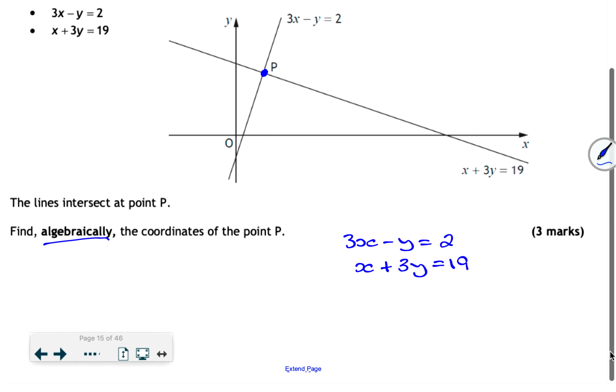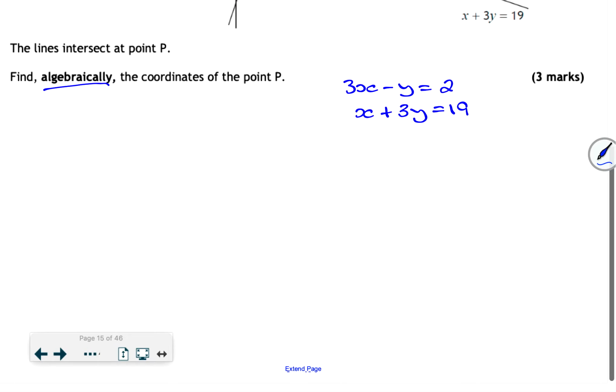Or you could just rearrange them and use the elimination method. I think at National 5, make life easier on yourself. You've already got them in terms of variable plus or minus variable is equal to number. Let's just keep going with this then. Let's solve it to find that. Okay, so let's go ahead and do this then.